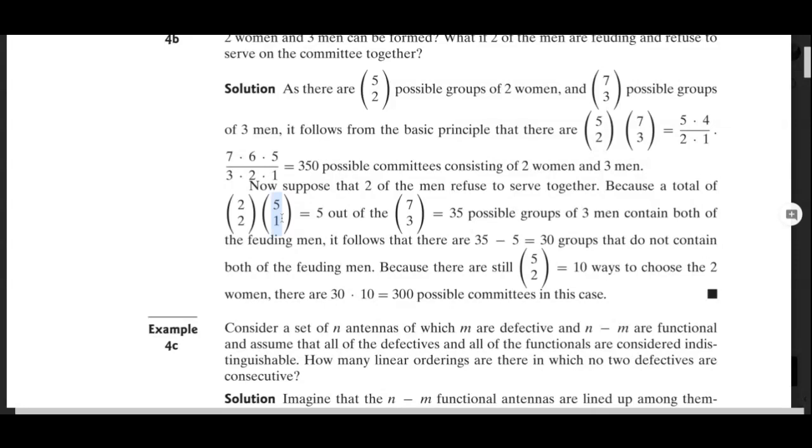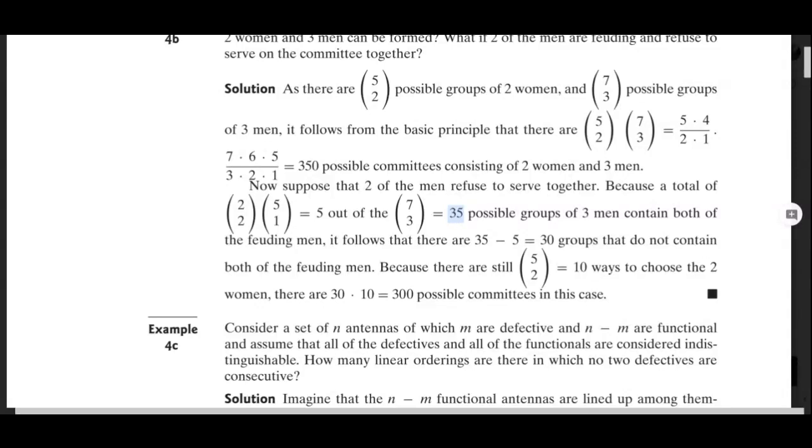out of 2, choose 2. Out of 5, choose 1. What is this calculation? That's 2 out of 2, choose 2, and out of 5, choose 1. That's 5 ways. Out of 7, choose 3, that's only 35.